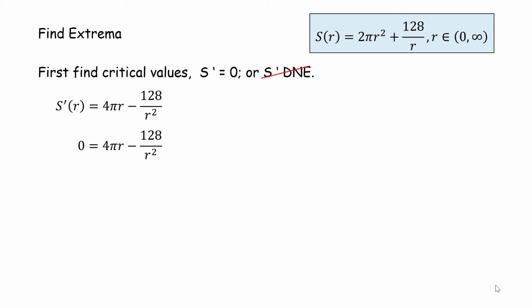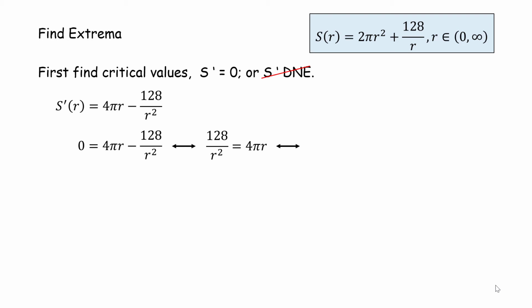Let's solve for r. I will add 128 divided by r squared to both sides. That will give 128 over r squared equals 4 pi r. And then let's multiply the r out of the denominator, so we're going to multiply by r squared on both sides.